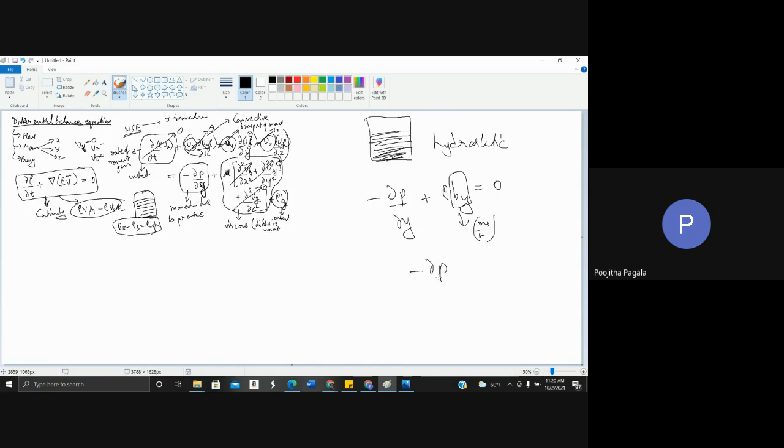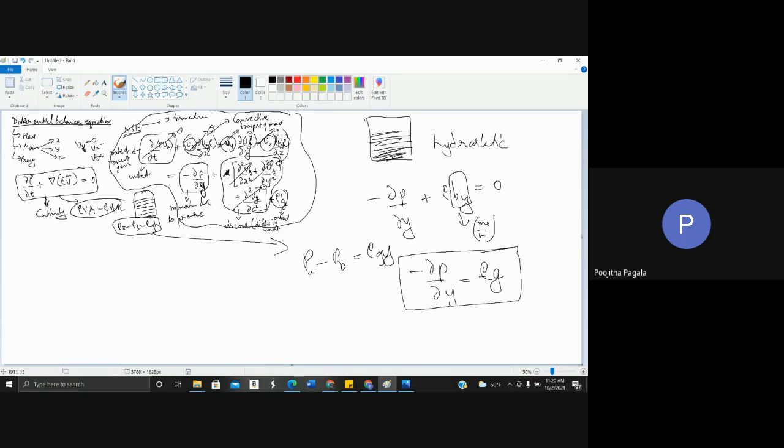Now you have minus dou p by dou y is equal to rho g. This is nothing but your condition for hydrostatics. And if you integrate this, you are going to get PA minus PB is equal to rho gy, which is the same equation. So every equation you see can be derived right from the Navier-Stokes equation.